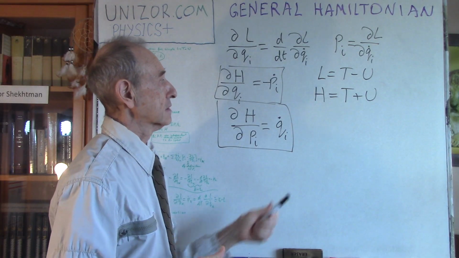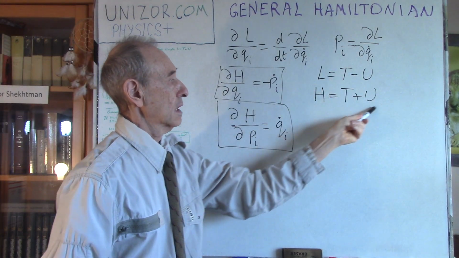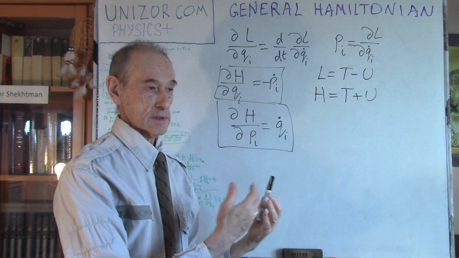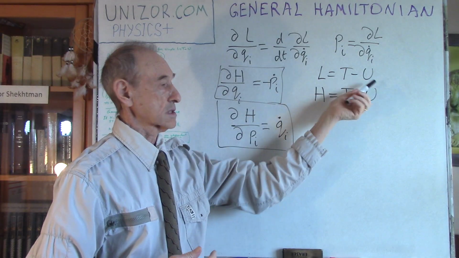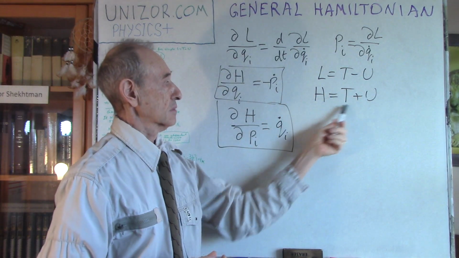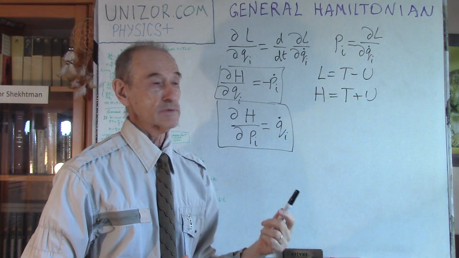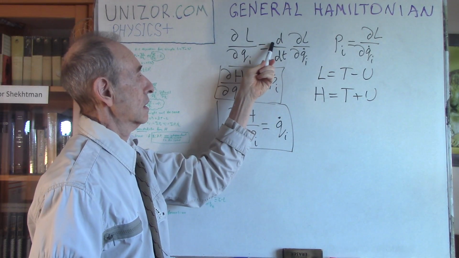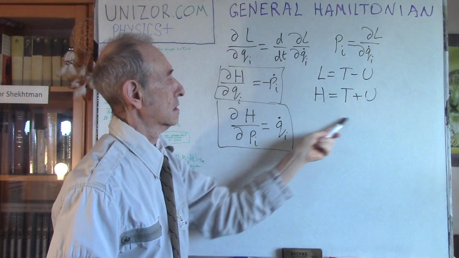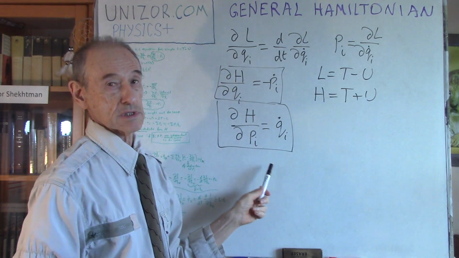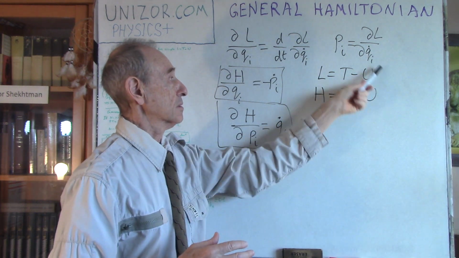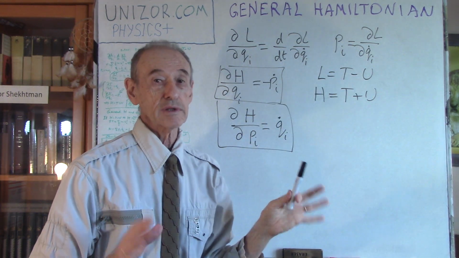It heavily depended on how the Lagrangian is represented as a difference between kinetic and potential energy, and then we have the total energy of the system, and then we derived all these equations. So from this and this, we derived this new system of equations. Fine, but again, we heavily depended on this, and this is not necessarily true.